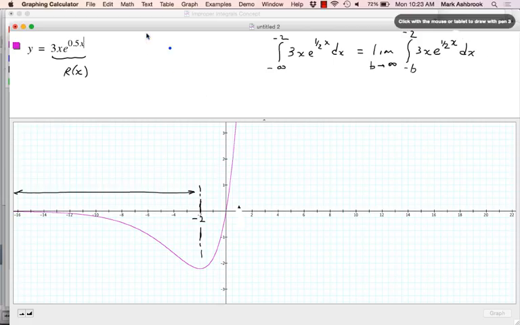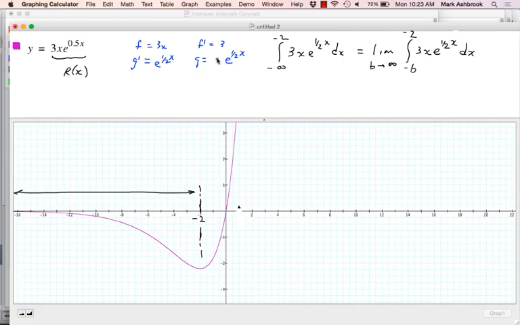Here we go. So we've got f and g prime, and f prime and g. What should we set f equal to? 3x, good. Because for this type, we want to reduce that power of x, and that's what the derivative does. So our derivative gives us 3. Then we have e to the 1/2 x, and its antiderivative is e to the 1/2 x times 2. You need a factor of 2, so that when you take the derivative, by the chain rule, you get the 1/2 times the 2 goes away for g prime.